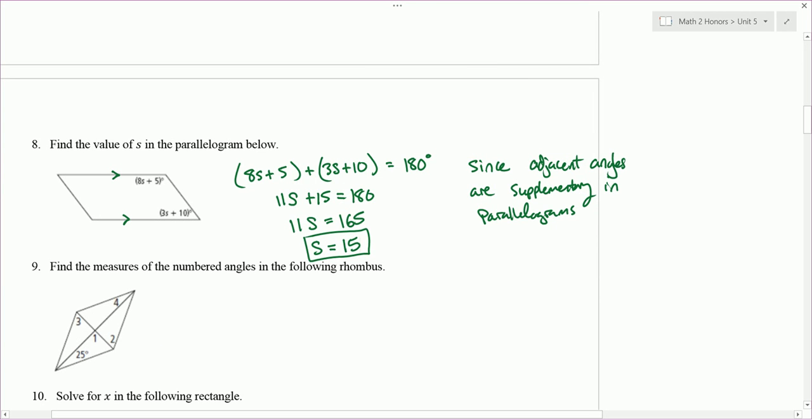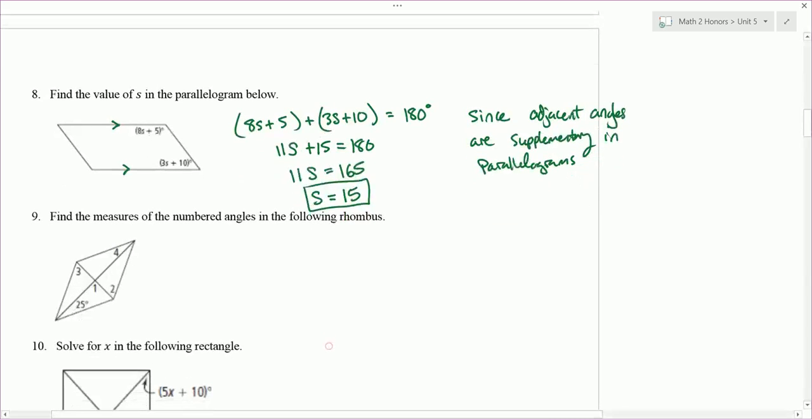Number 9, we're asked to find the measures of the numbered angles in the following rhombus. So we know that angle 1 is 90 degrees, since the diagonals of a rhombus are perpendicular.